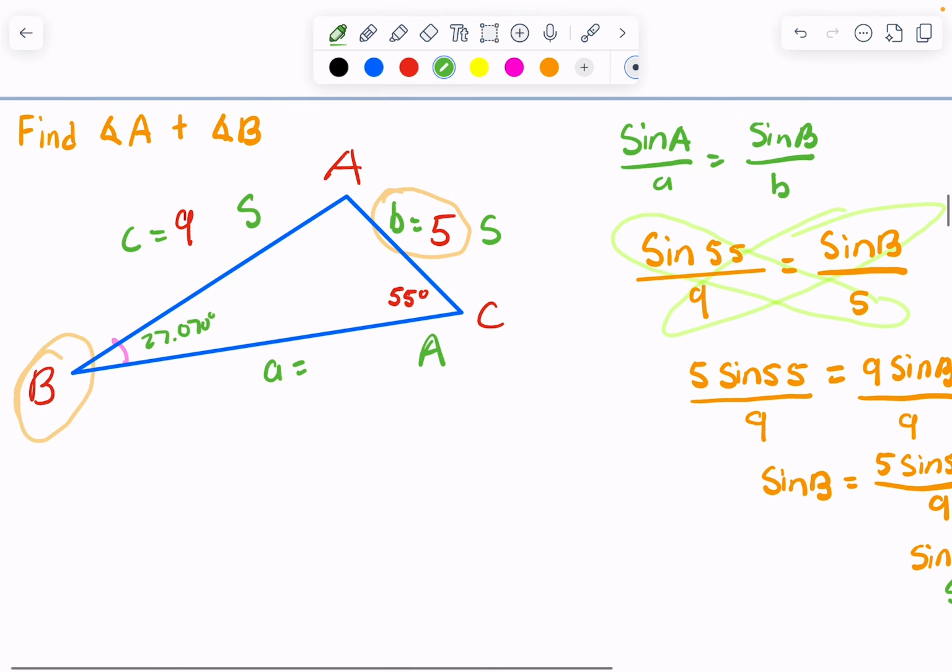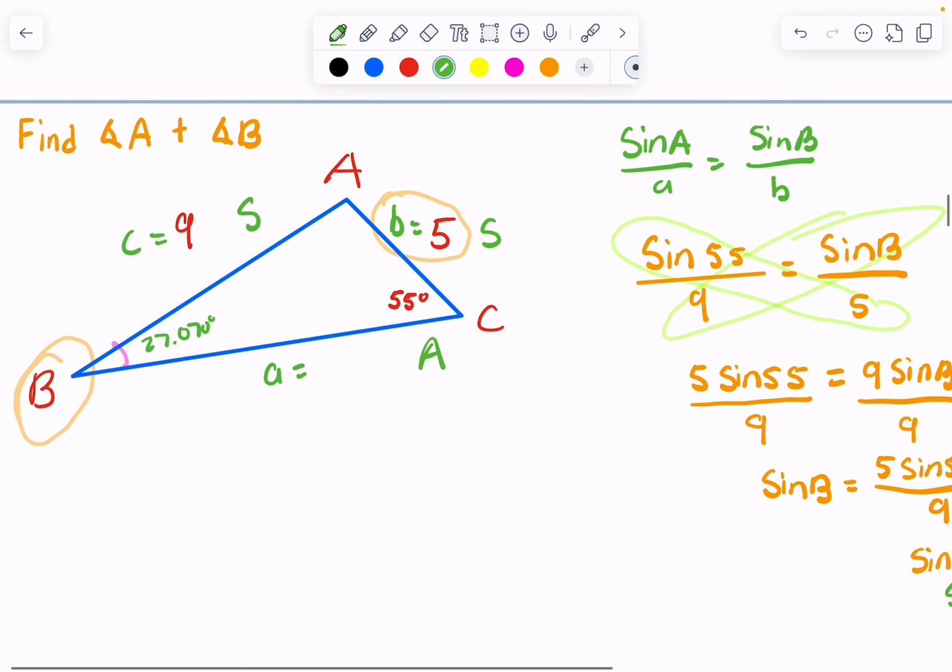And now we can find angle A, which is just 180 minus 55 and minus 27.070. So that is 97.93, and that's your angle A.